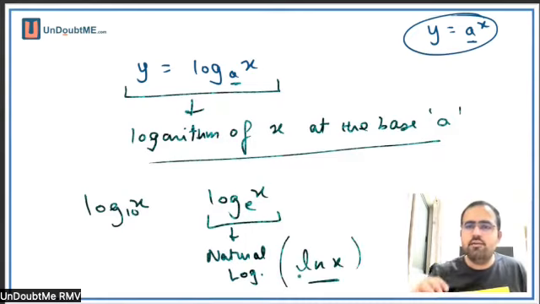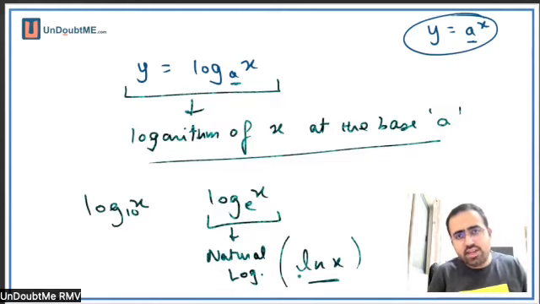If you have seen somewhere y is equal to ln x, ln stands for log natural. So when it is natural logarithm, it is always to the base e. This is how we write log, and this is how we pronounce it, means how we speak it out.